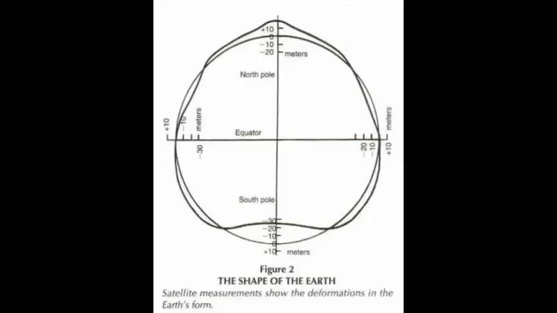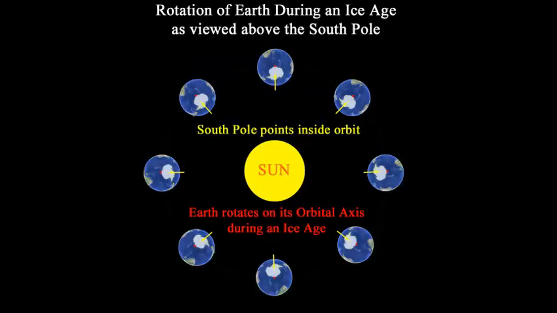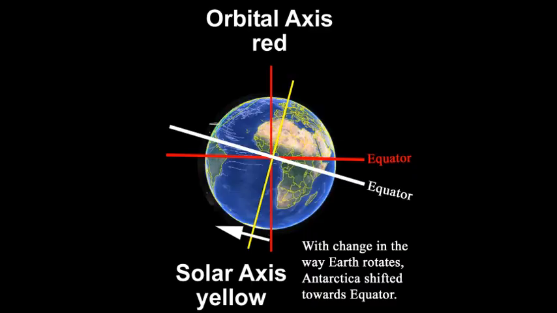My theory predicts that the eccentric distribution of mass inside Earth would be pulled by the Sun, thereby causing the southern hemisphere to track the Sun with the South Pole pointing inside Earth's orbit. That is, based on the orientation of the solar axis, which is tilted by 23 degrees from the Earth's vertical orbital axis.